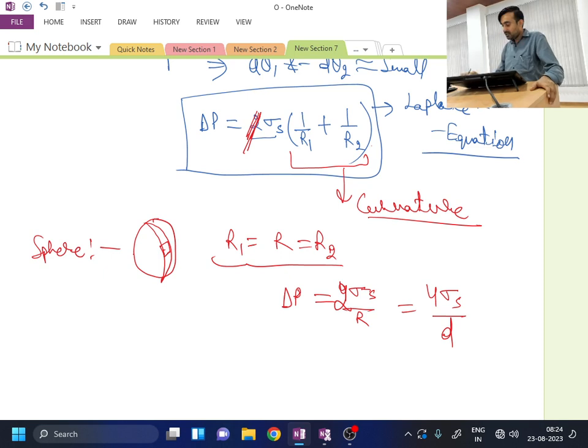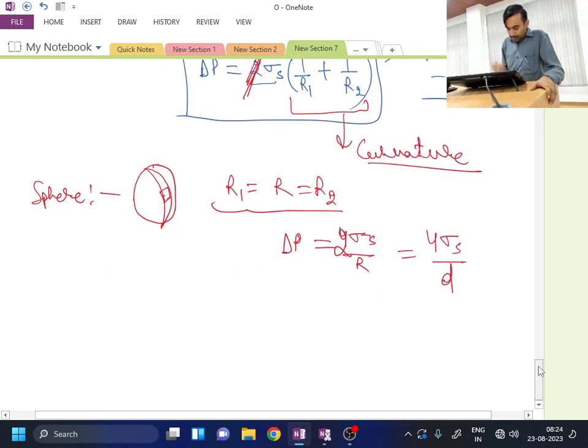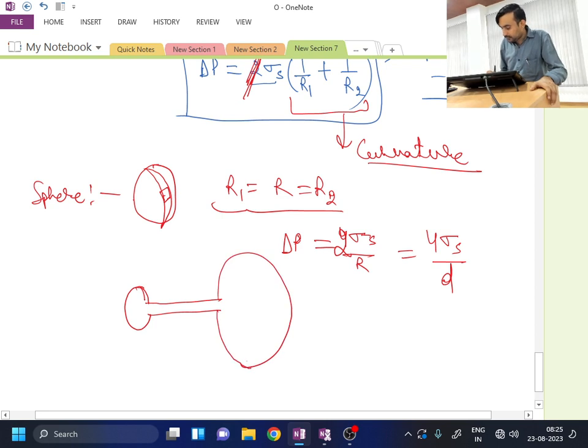Okay, so one important point. Say I have a small bubble over here and it is connected to another big bubble. This is connected through some tube. Can you tell me what will be happening over here?